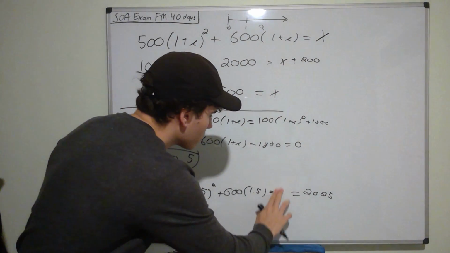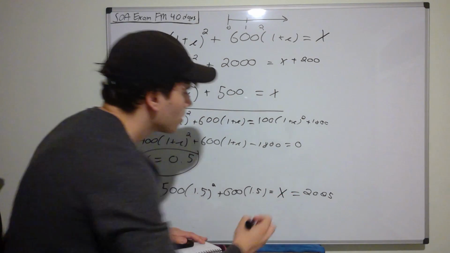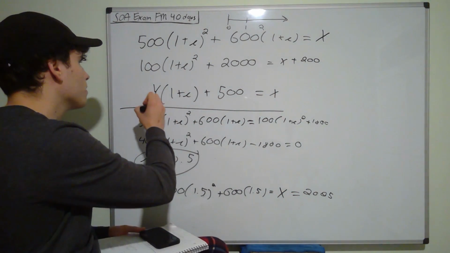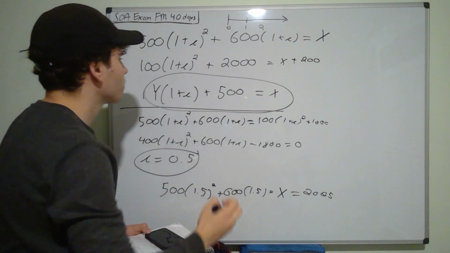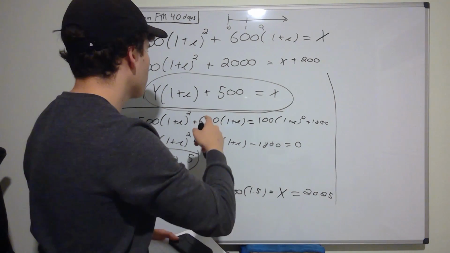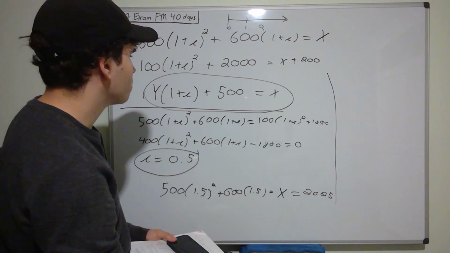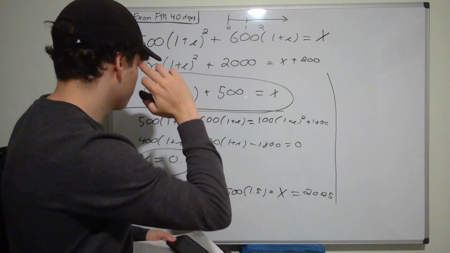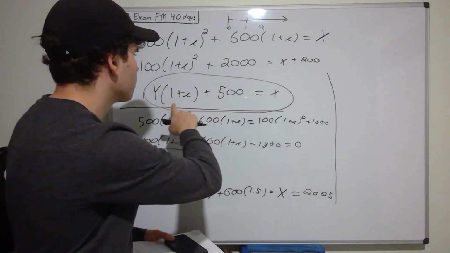So we have an x, we have an i, and then we are left with this final equation. First we need to get y by itself, so we have x minus 500 divided by 1 plus i.